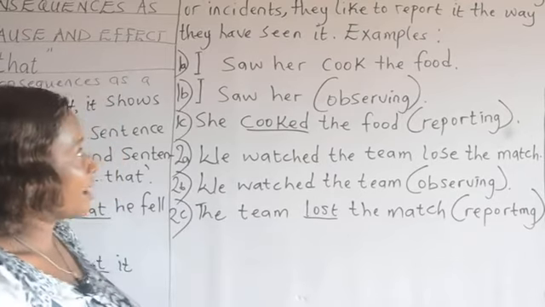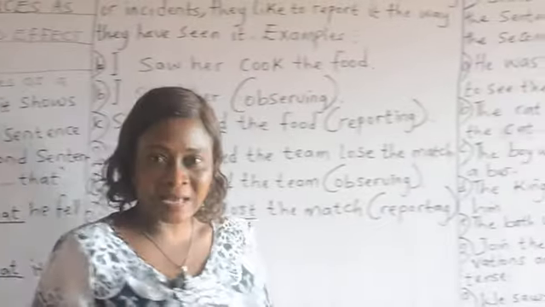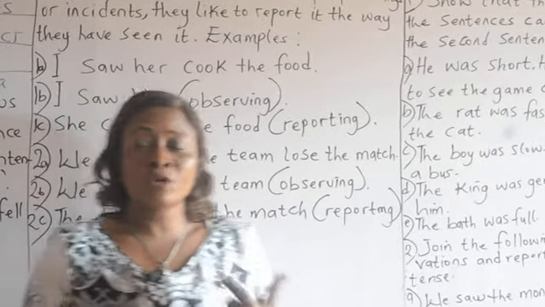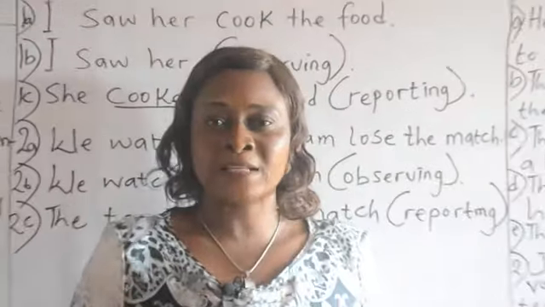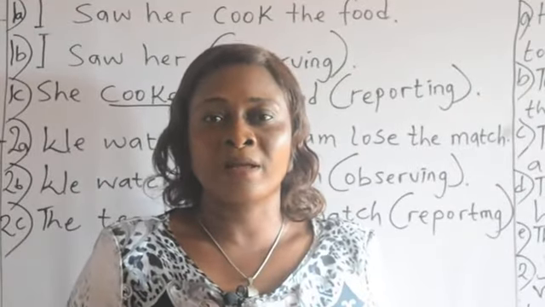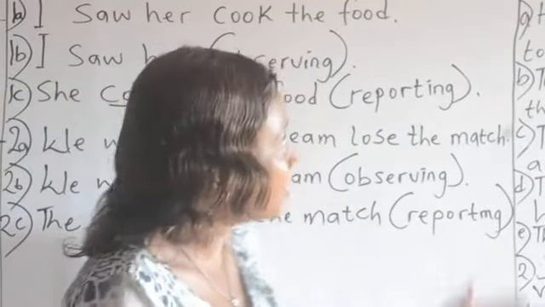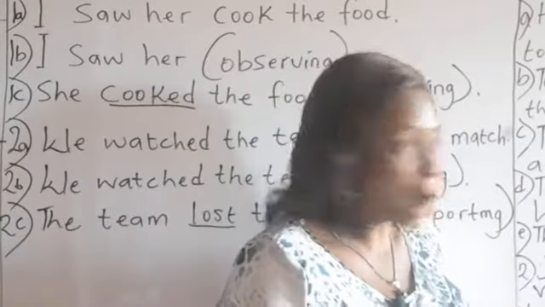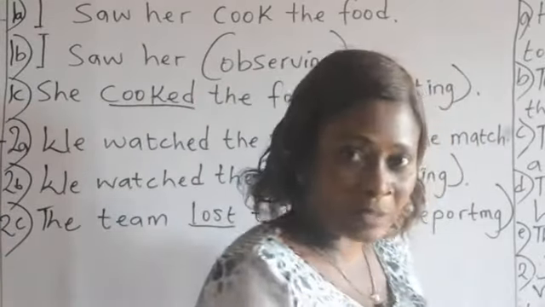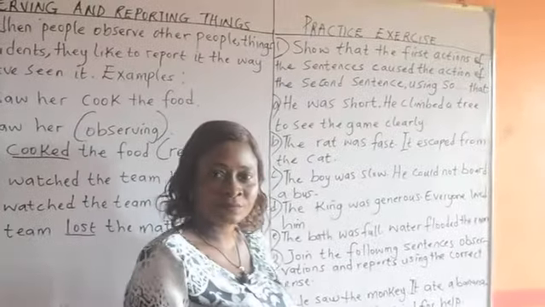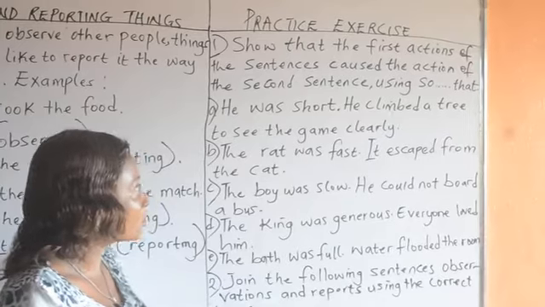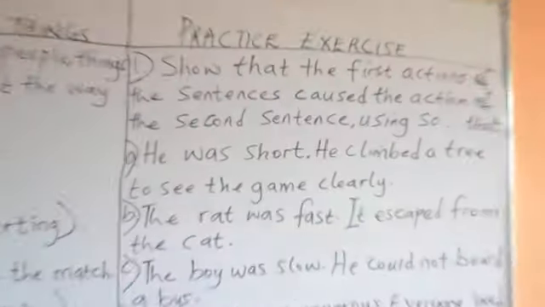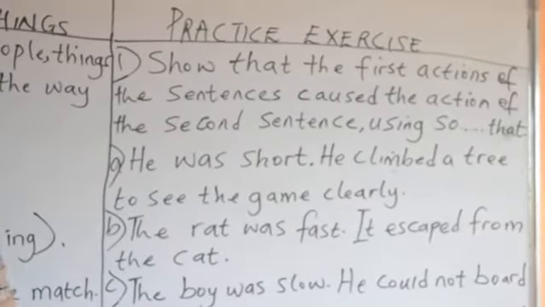Good. For your practice exercise, if you did not get it clearly, please do yourself good by replaying the video over and over again for your understanding. For your practice exercise, number 1, you are to show that the first sentence caused the action of the second sentence using so and that.